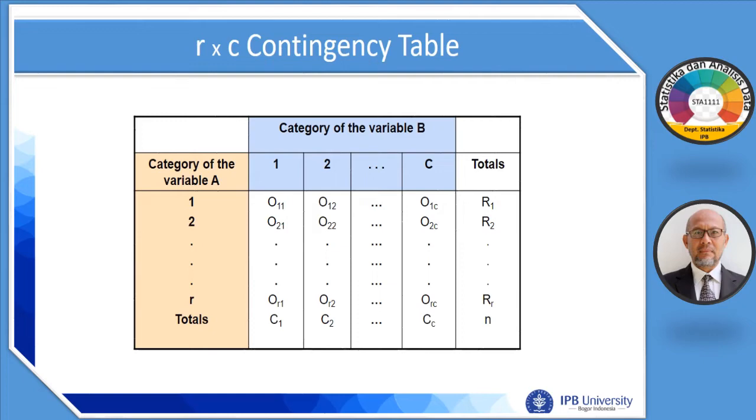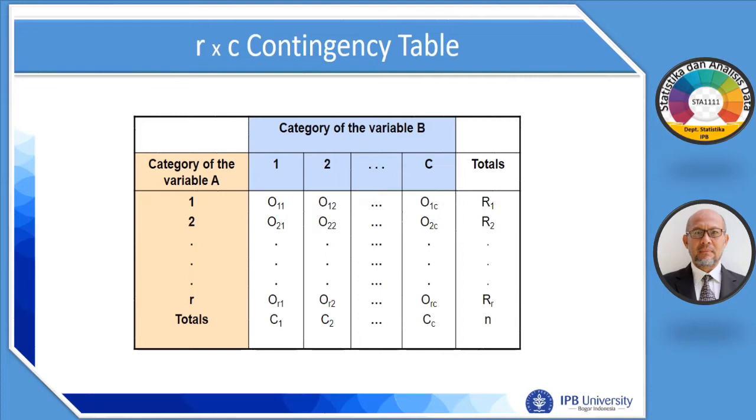That means the number of observations, or frequency of observation, of row R and column 1. So the last cell is ORC, meaning the frequency of row R and column C.